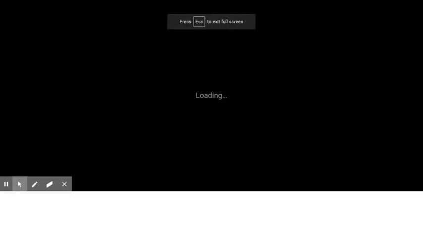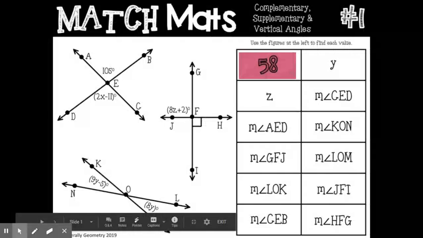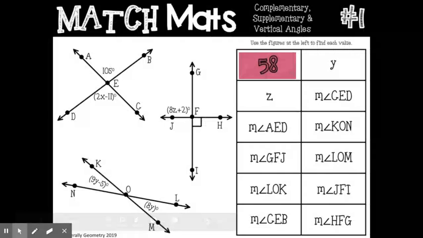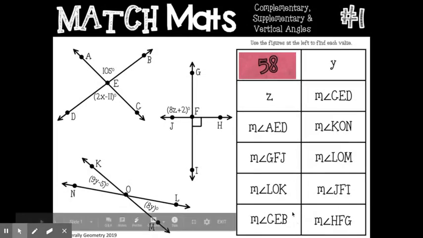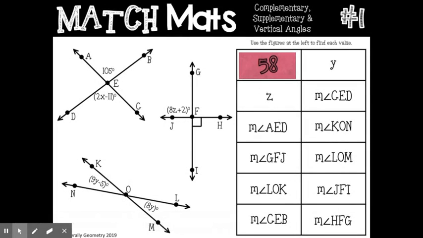So let's see what we can solve for next. So next, if we just go straight down, it wants to know z. So let's find either angle z or z in an equation.